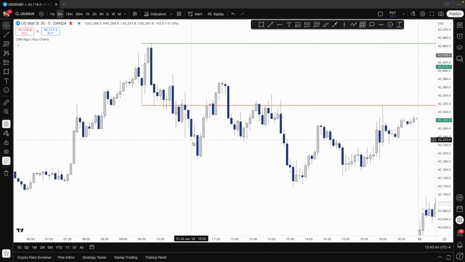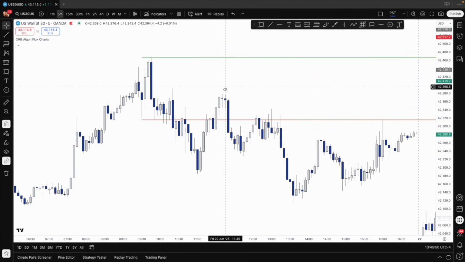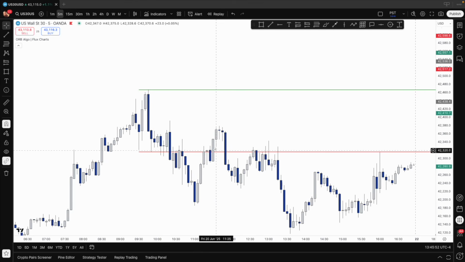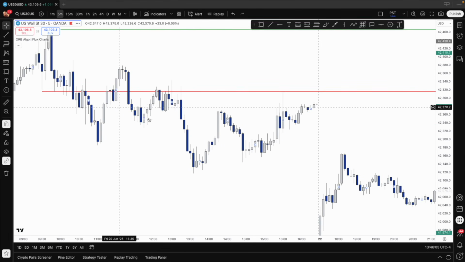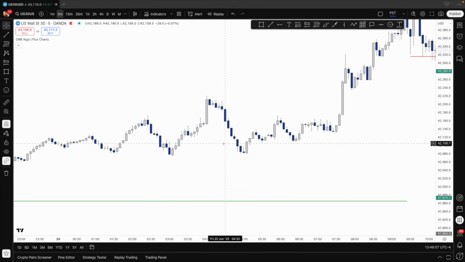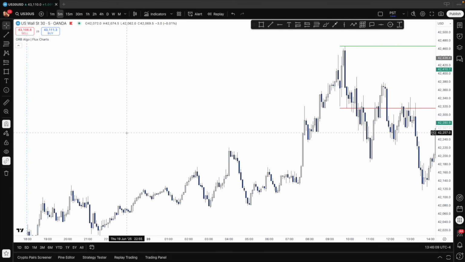Basically, there was no inverse fair value gap that was formed where we had a closure to continue to the upside. And some days like this, there's not going to be a trade, and then some days you are just going to get a continuation where price never returns to the opposite direction, where you're just going to get fair value gap after fair value gap. Let's quickly see if we can find an example.